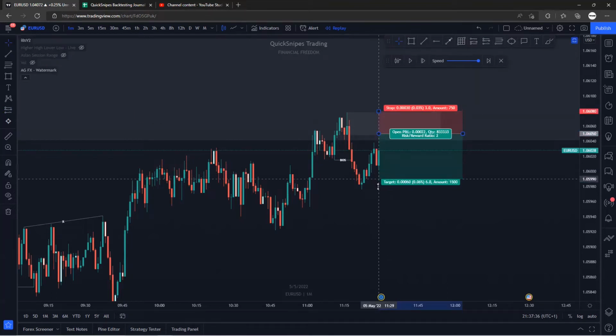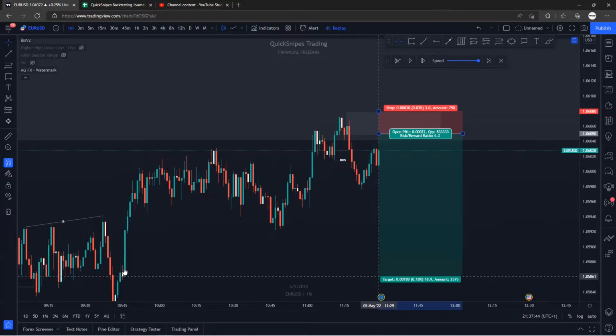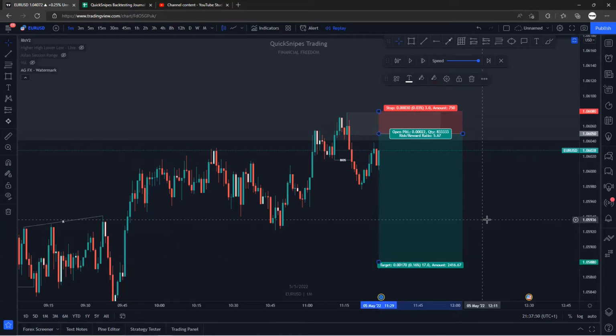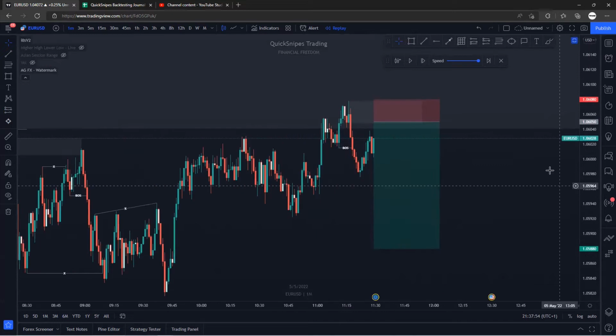3 pip stop, target should be here, but I'm ambitious when it comes to trading. I believe there's a huge imbalance here to fill. I'm going to mark it up, risky, but like that, because I'm going to move stops to break even should it enter in.